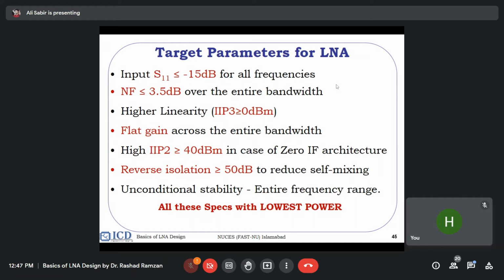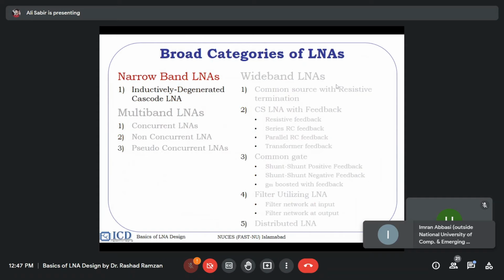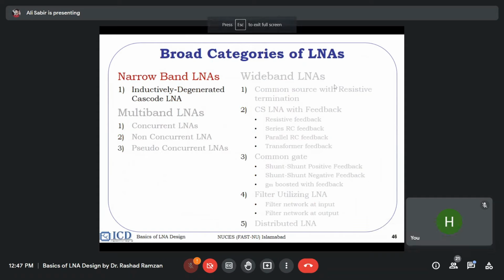So we want inductor-less designs so that the LNA size is smaller, because we have to put a lot of LNAs on the same chip. So in this case, both our currencies, the power and the silicon area, are becoming very, very important. We will discuss the three types of LNA: narrowband LNAs, multiband LNAs, and wideband LNAs.